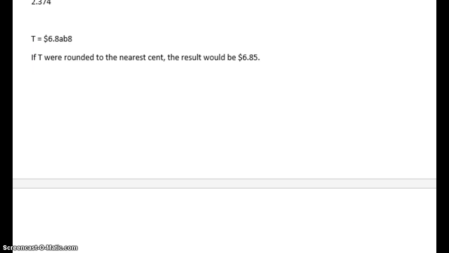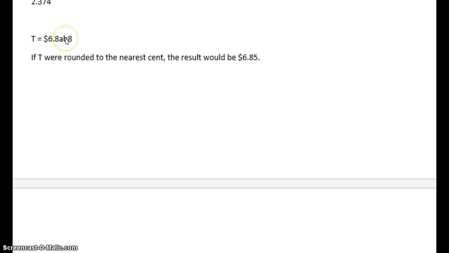Now note that the tenth refers to the first digit after the decimal. So here the 8 refers to 10 cents, or a dime. The hundredth, which is the second digit after the decimal, corresponds to 1 cent. So A here is in cents.